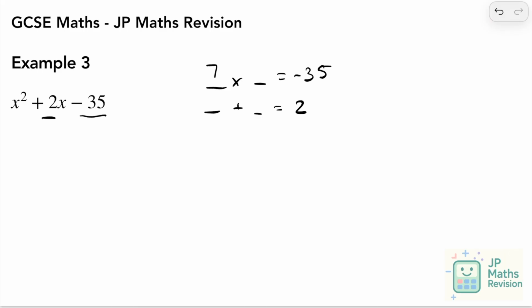If I go with 7 and 5, we need to play around with this until these calculations are correct. 7 plus 5 is 12, but if instead I made the 5 a minus 5, I would have 7 minus 5, which is 2, which is great. But I'd have to do the same thing to the top one, so make that a minus 5. So 7 times minus 5 is minus 35, so I know I've got the right combination. The answer to this is going to be x plus 7 and x minus 5.